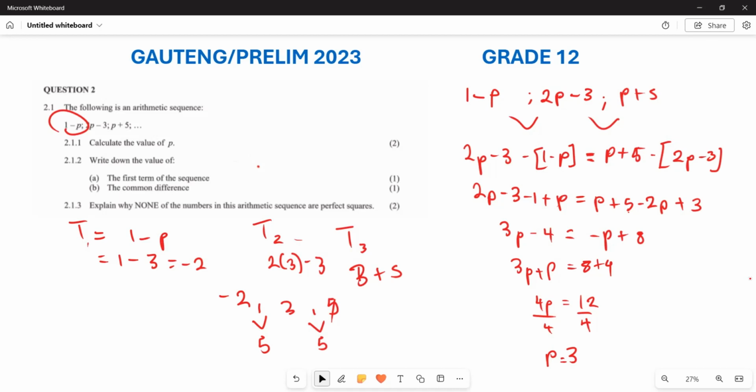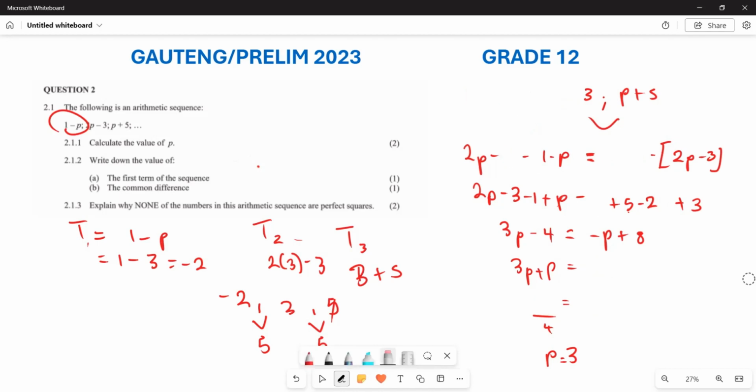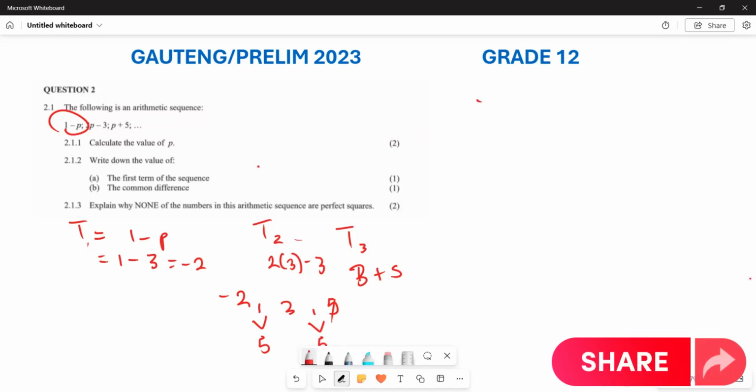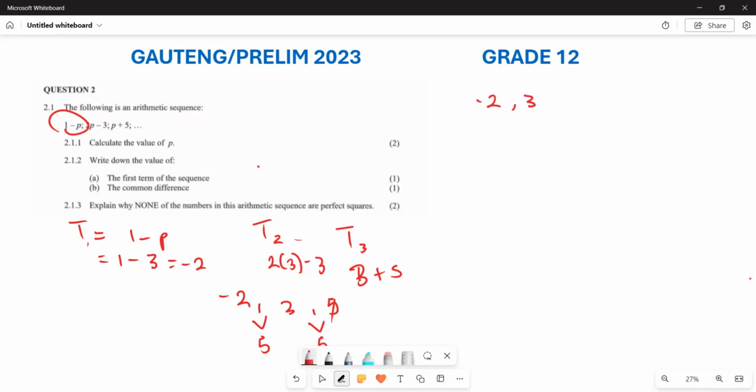So now, if you look at this particular sequence, the sequence is given by -2, 3, 8. So what does this mean?